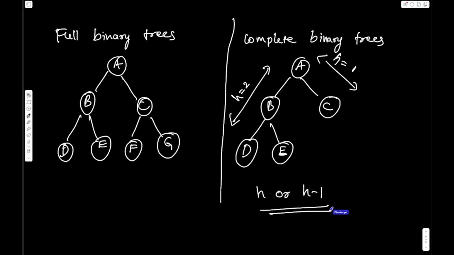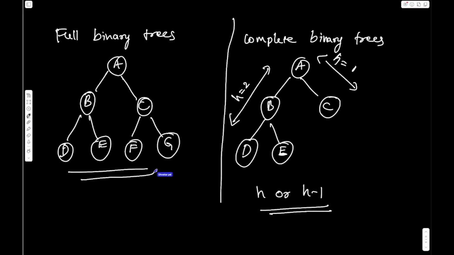In binary trees, we have two kinds of binary trees. One is the full binary tree. Here, each and every node has the maximum number of children, which is two. So all of the nodes have two children. This is a full binary tree.